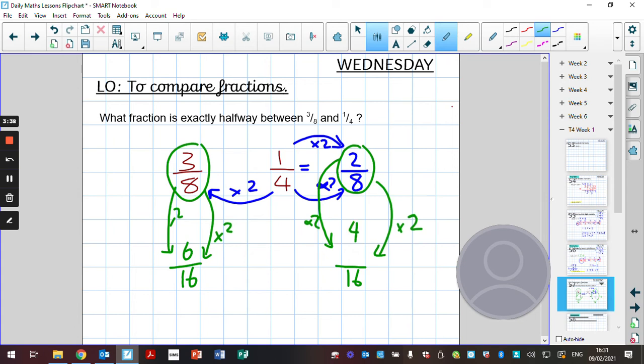Brilliant. Now you may have noticed something here. We've got 6/16 and we've got 4/16. It's asking us what fraction is exactly halfway between 3/8 and 1/4. In this instance, we've got 6/16 and 4/16, so the fraction which is halfway between would be 5/16. Brilliant, we've got the answer there.